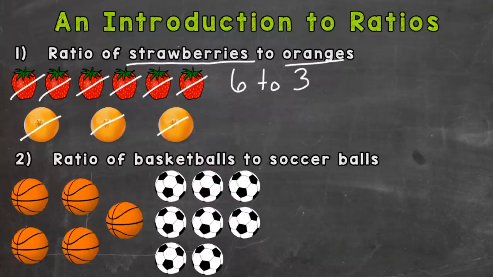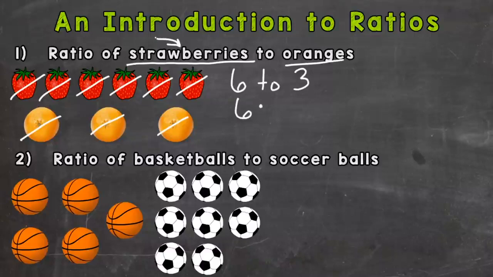So this shows for every 6 strawberries, there are 3 oranges. And again, strawberries has to come first, the 6, because it comes first in our ratio problem, right? Strawberries to oranges. We can also use a colon to represent this ratio.